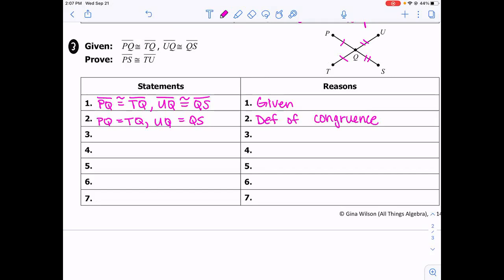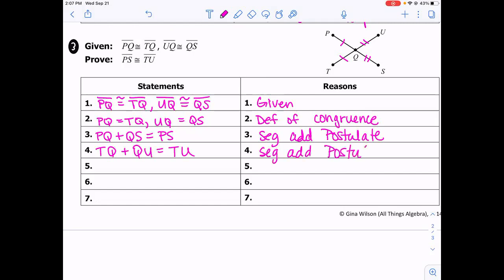The segment addition postulate tells us that PQ plus QS equals PS. And we know that TQ plus QU is equal to TU.